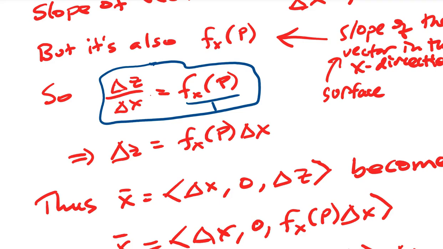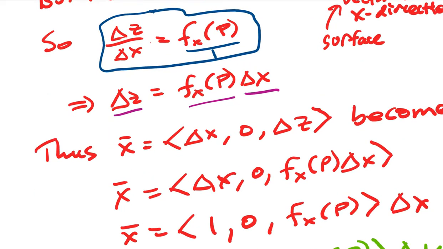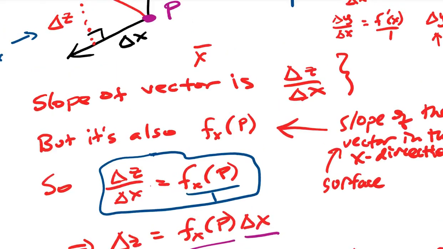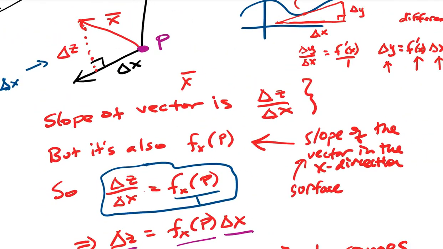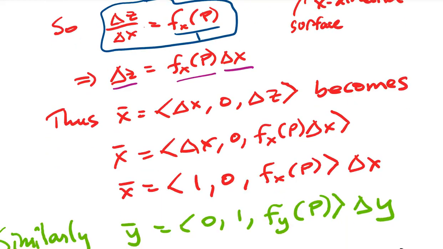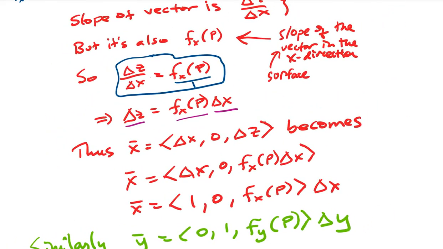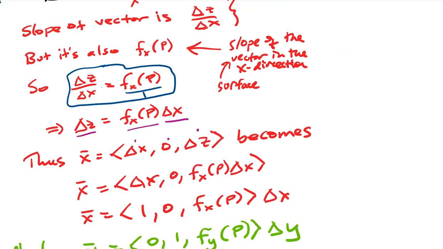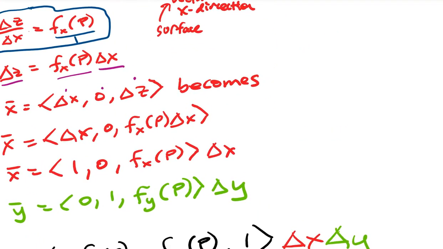The derivative piece times delta x is the vertical change. All right, so then this x bar vector can be written as delta x, 0, delta z, right? Because the vector itself, let me show you that.